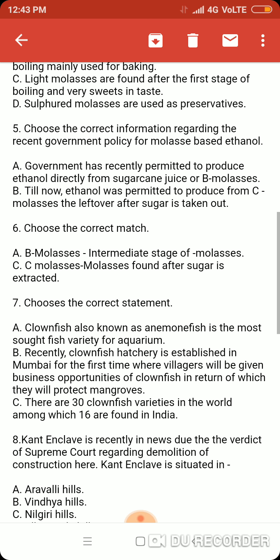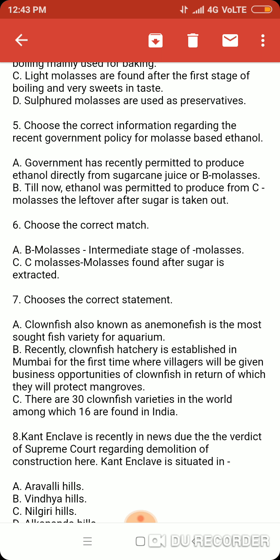This is equally important for mains also, because at the initial stage, if ethanol is directly produced from sugarcane or B molasses, the intermediate stage of molasses, it requires very high technological advancement for the distillation process. That's why it is very risky, and there was no government policy to support the industries.